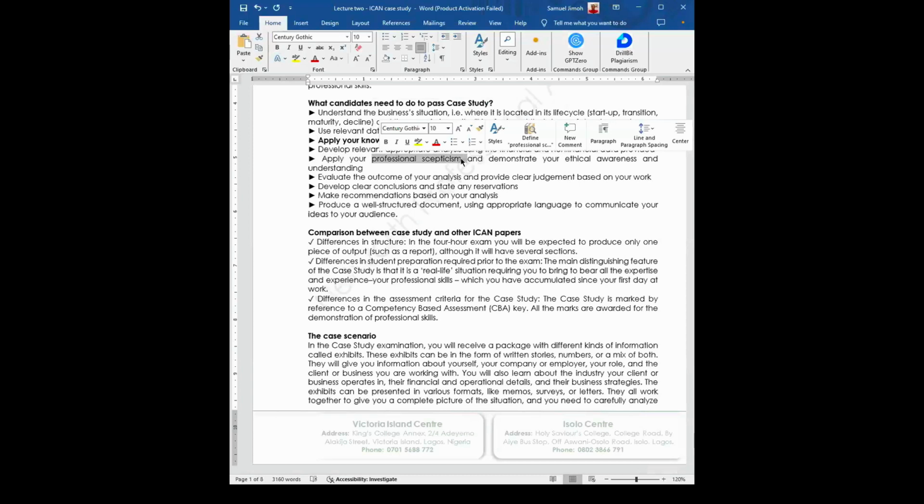What I mean is that you should develop a skill as a professional to question data and information presented to you when you are given a job to do, when you are given a task to accomplish. You should be able to question the data that has been presented to you.